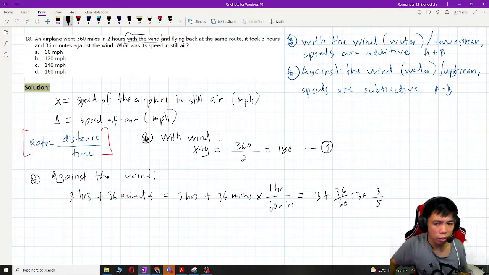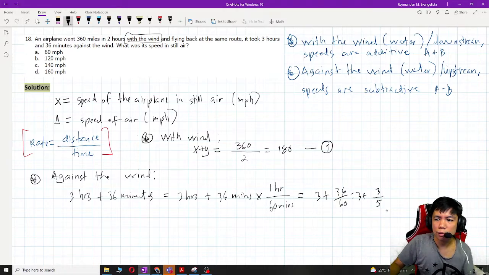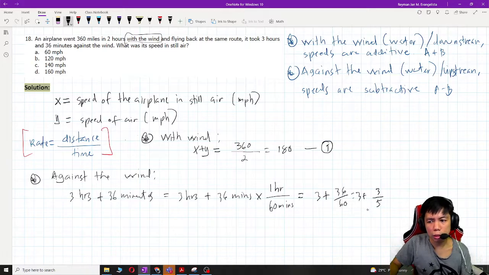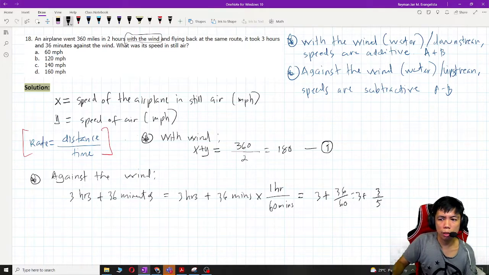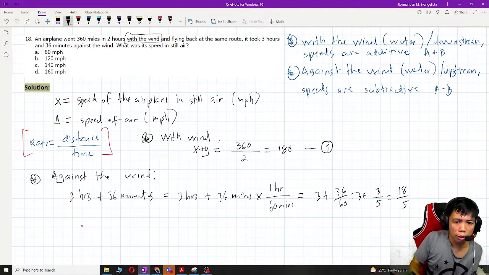Ayan yung 36 over 60. 5 times 3 is 15 plus 3, that is 18. So 18 over 5. Ginamit ko guys yung fraction.